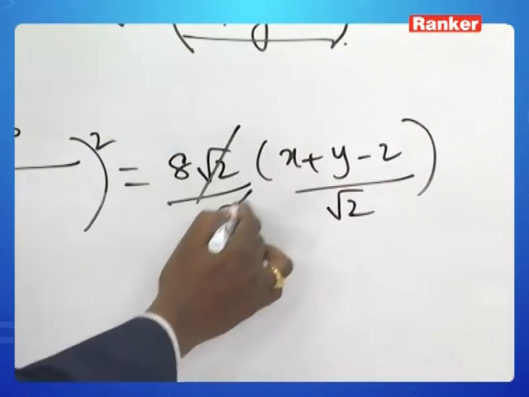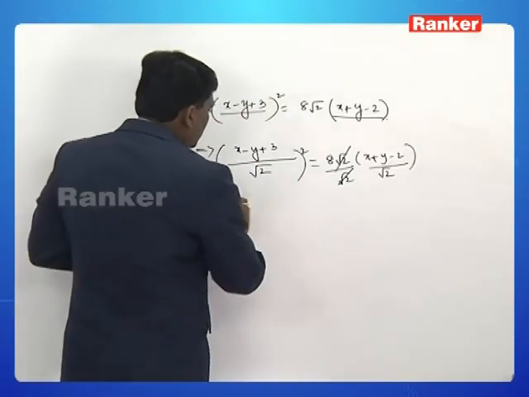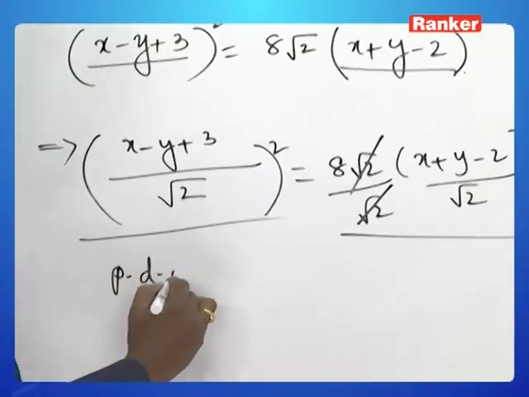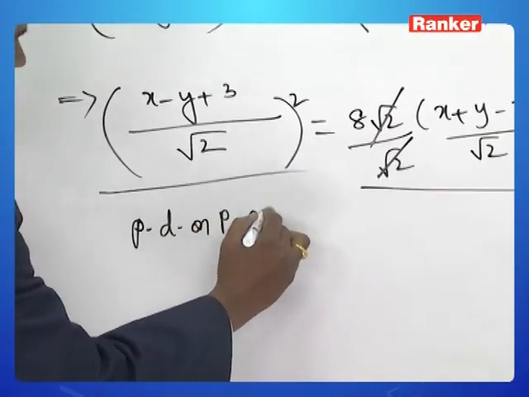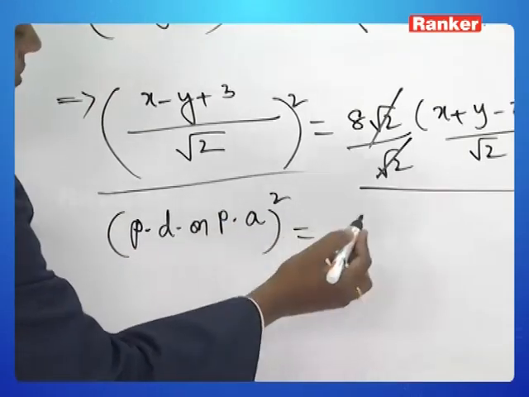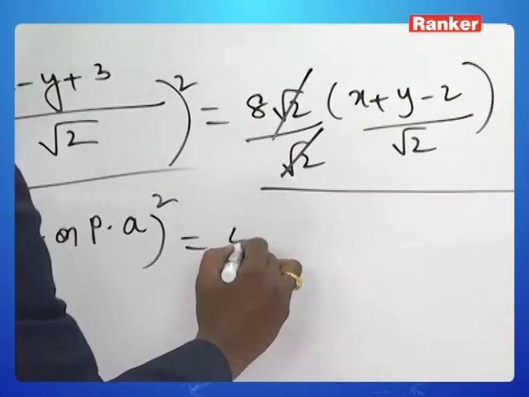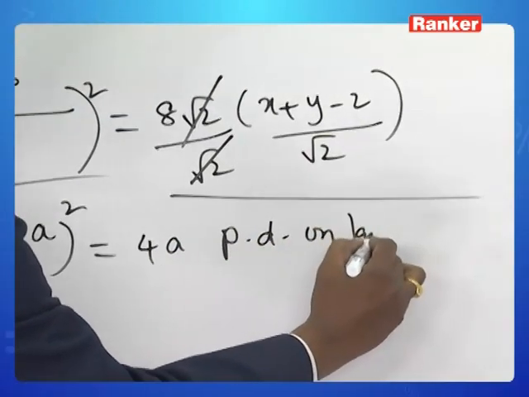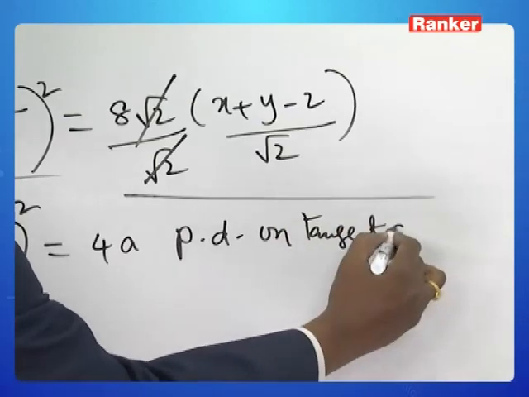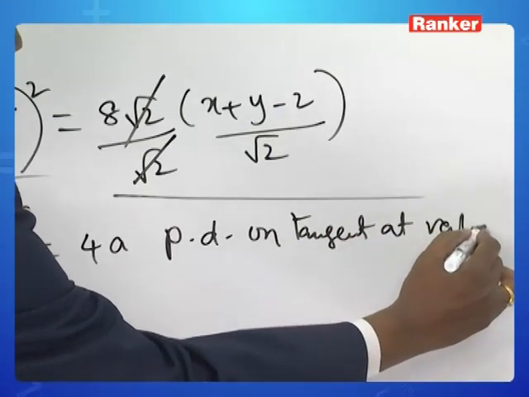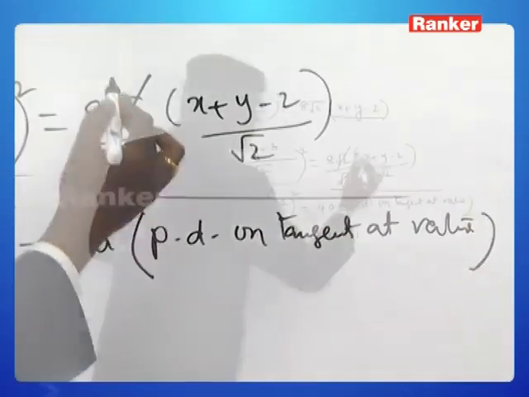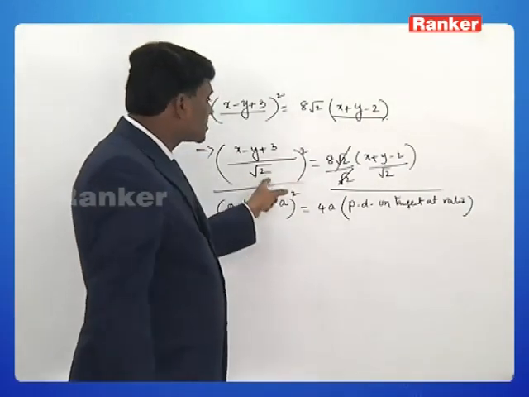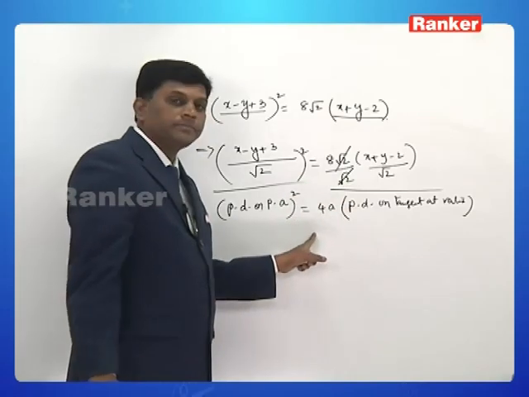Now this root 2 cancels. Now this is perfectly in distance form. Perpendicular distance on principal axis whole square equals 4a into perpendicular distance on tangent at vertex. Completely we are getting the shifted distance form of a parabola here.